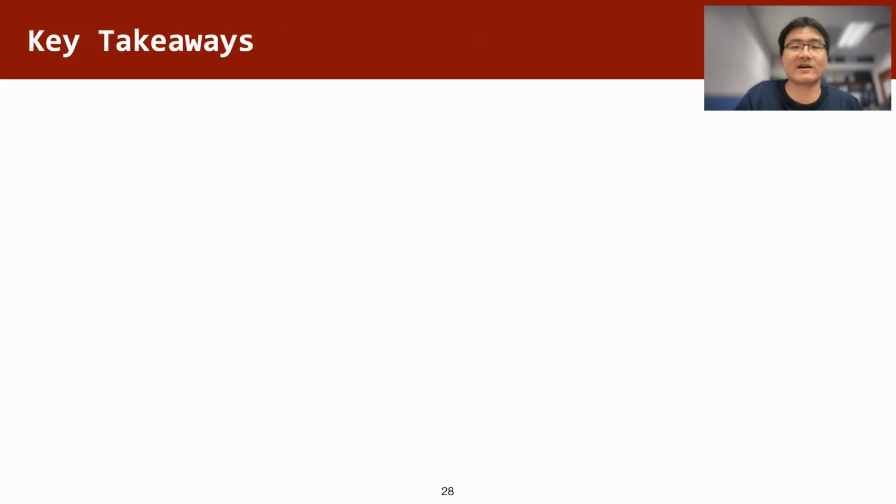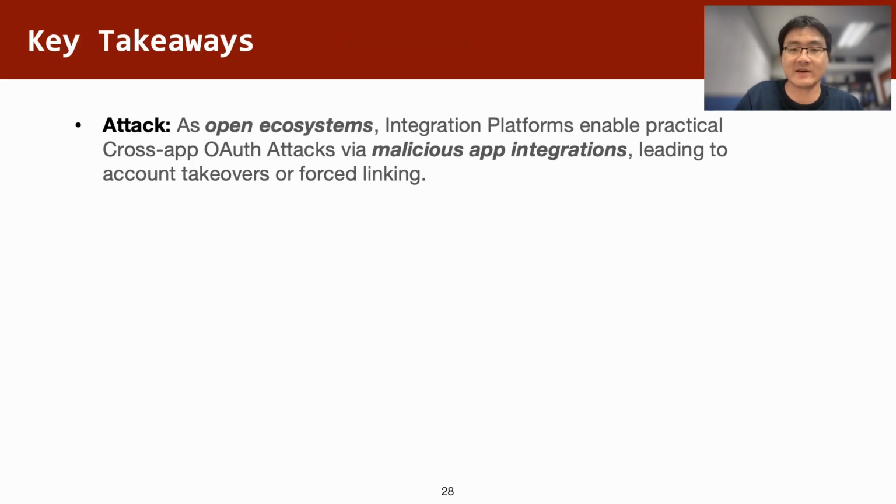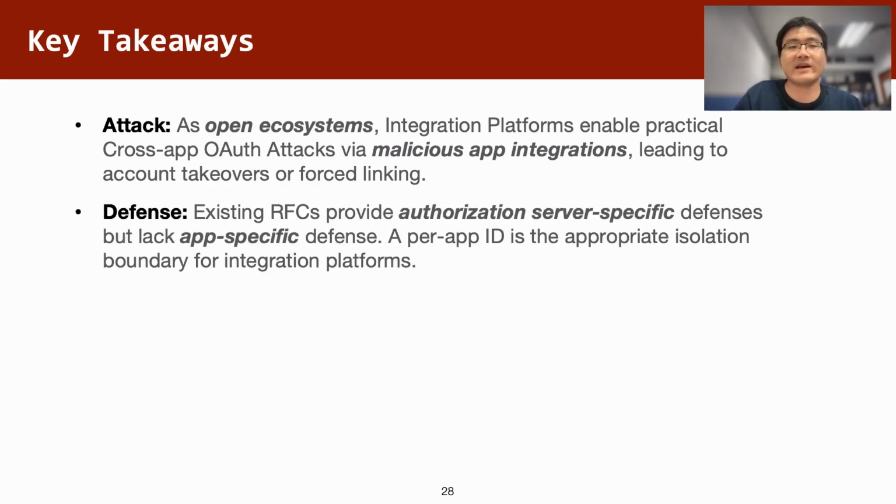We'd like to conclude our talk with these key takeaways. First and foremost, as an open ecosystem, the context of integration platforms enables practical cross-app OAuth attacks that could lead to account takeovers or forced account linking. The way it's practical is by introducing malicious app integrations, and thereby malicious authorization servers based on these app integrations.